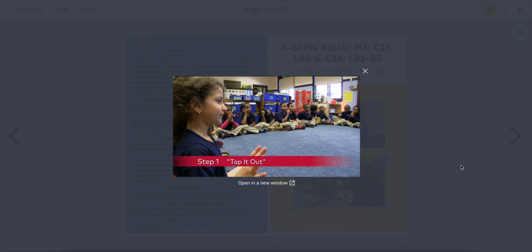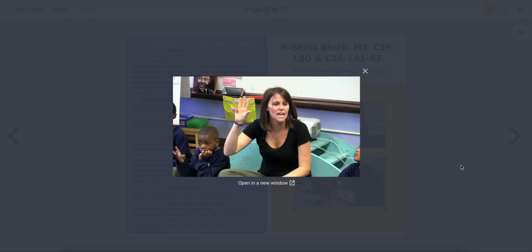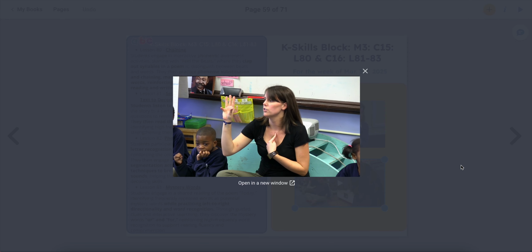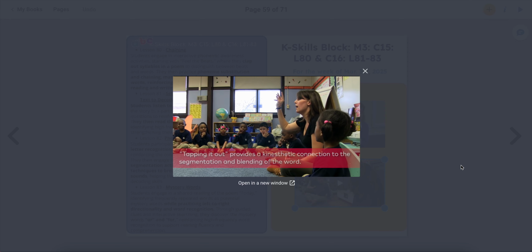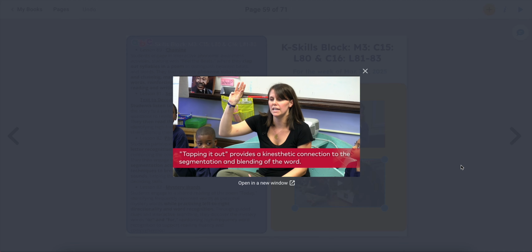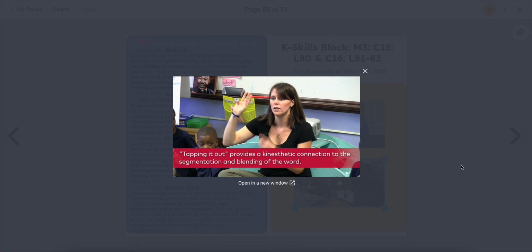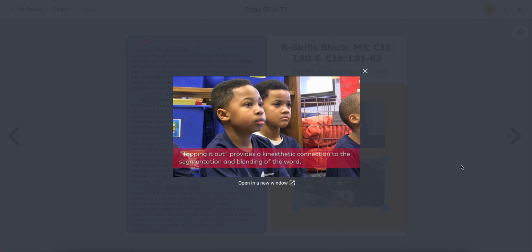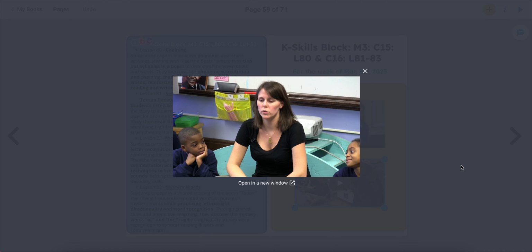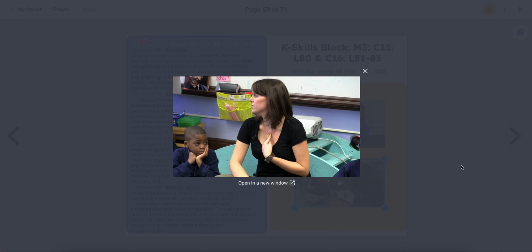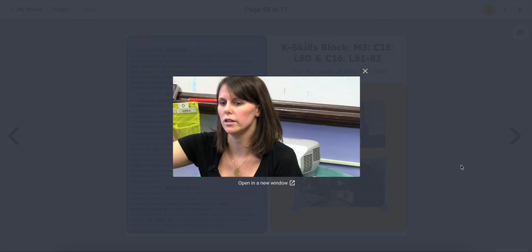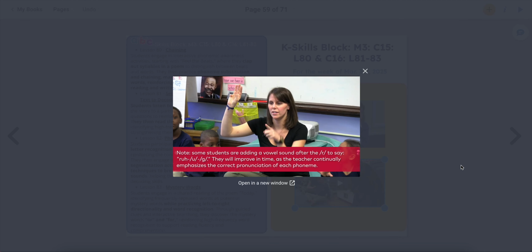So I put my 3 fingers up here. I'm going to use my thumb to tap it out. My turn first. And then I'm going to blend it together by running my thumb underneath. Nut. All right, friends, we're going to try it with the word rug. My turn first. Rug. Your turn.